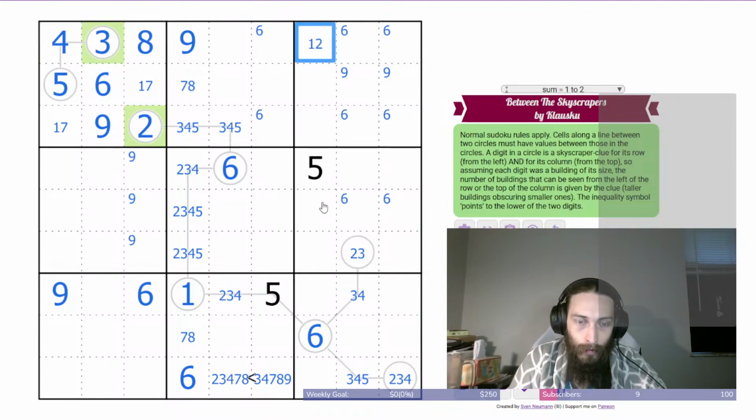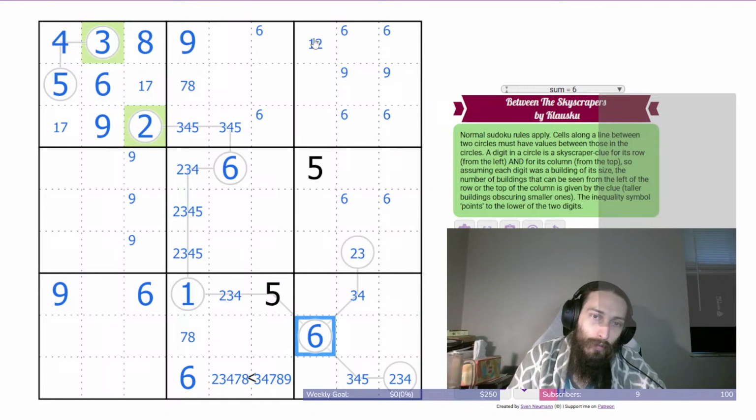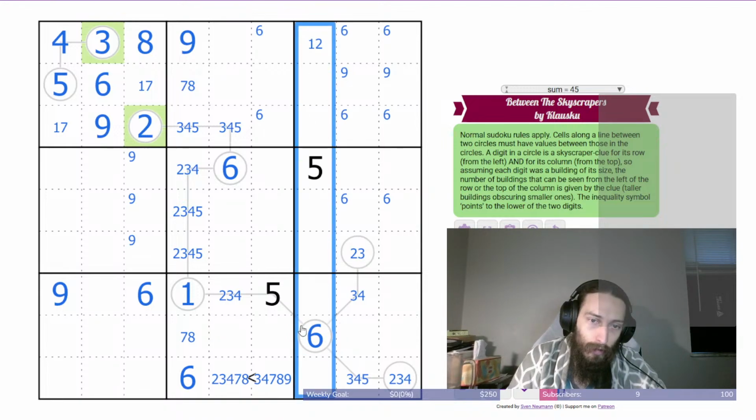No. Now, I guess more accurately, where in this column can 6 go? Clearly it can't go in those. If this was the 9, then the rest of the digits would have to be in order afterwards. It can't be the top of row 7, or rather, it can't be row 7.